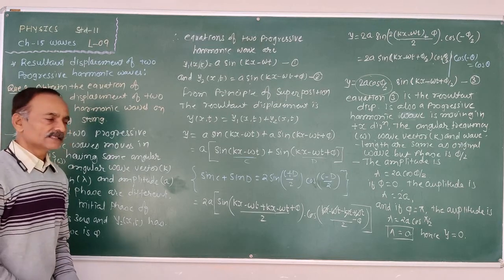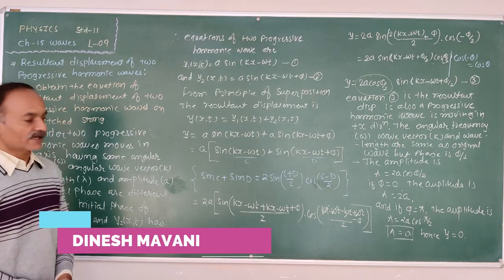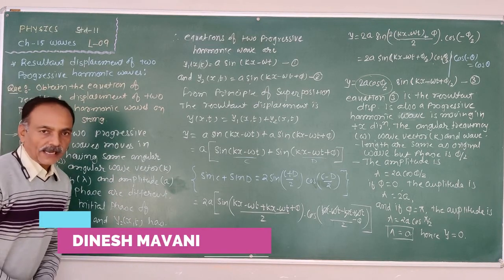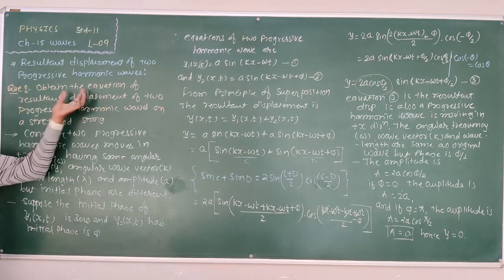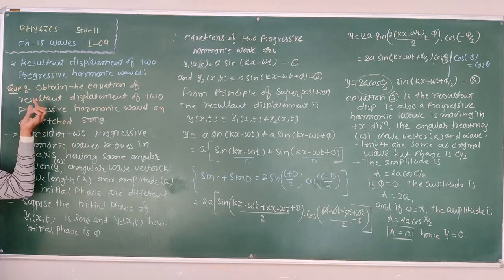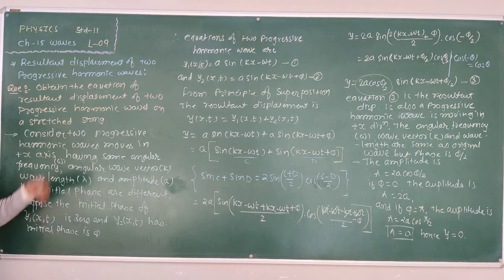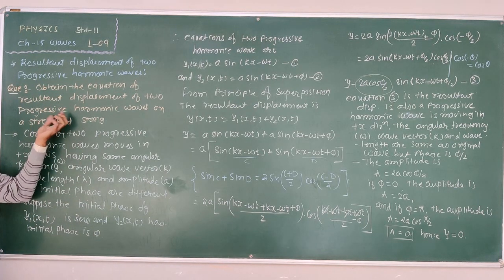Now again, there is a very easy but mathematical equation here. We want to obtain the equation of the resultant displacement of two progressive harmonic waves on a stretched string.